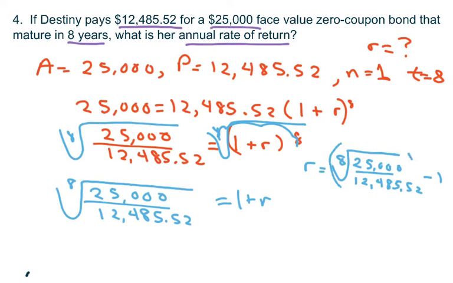I'll just do this because it's kind of sloppy. Alright, so our R is approximately 0.090665741, which is about 9.07%. And that's all.